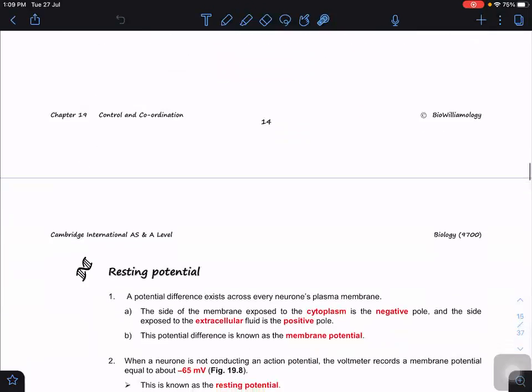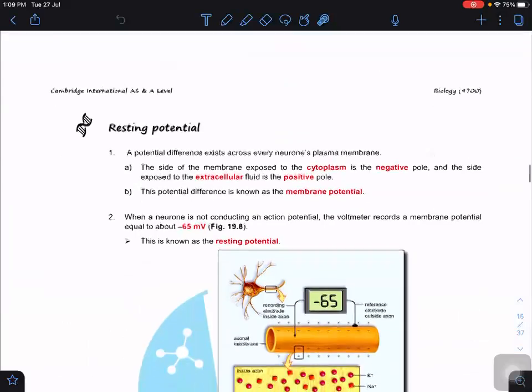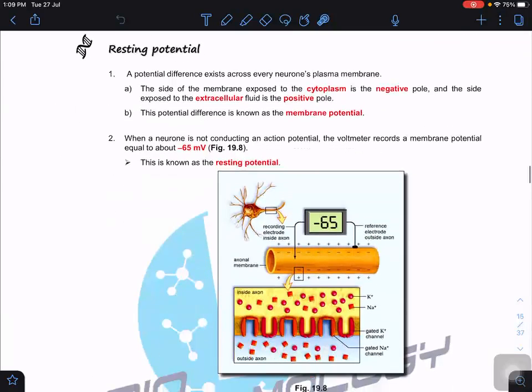Okay, so before we start to look at how we can generate the action potential, the first thing we need to learn is the resting potential. So what does resting potential mean? The resting potential is a potential difference that exists across every neuron's plasma membrane.